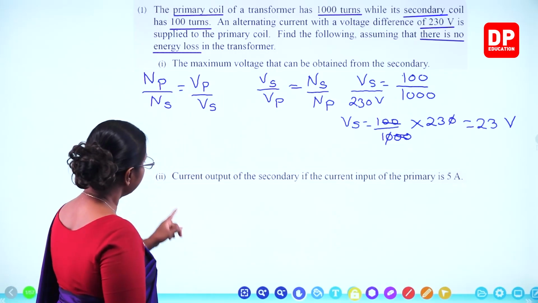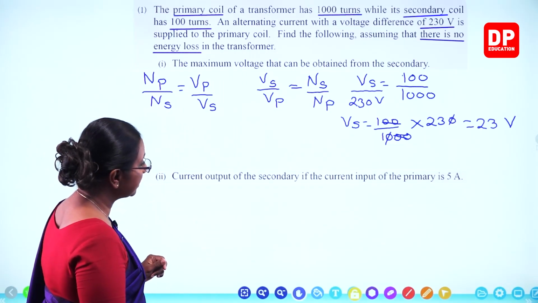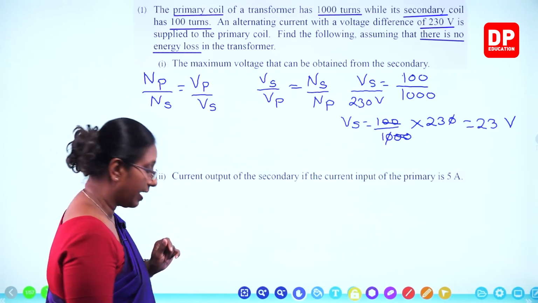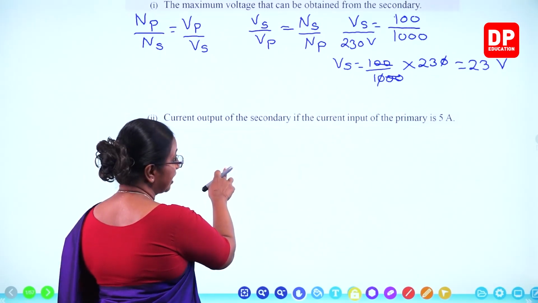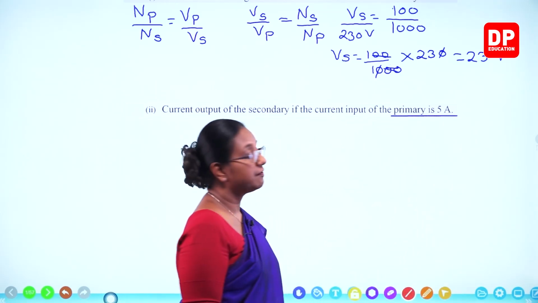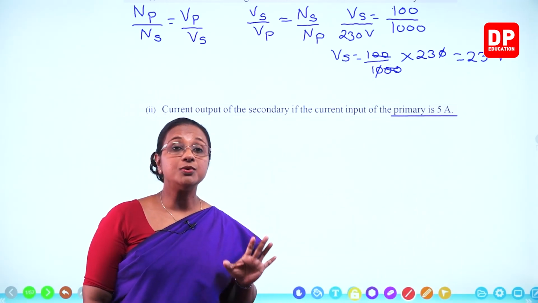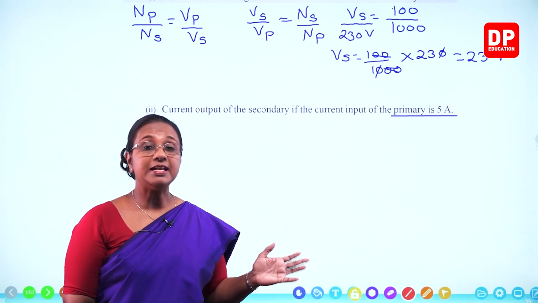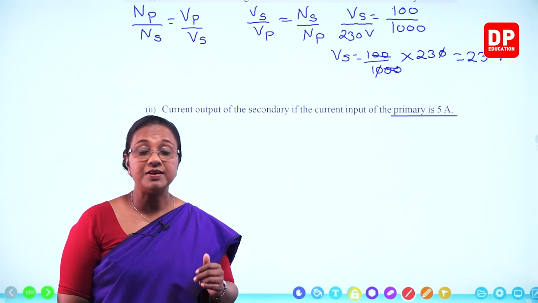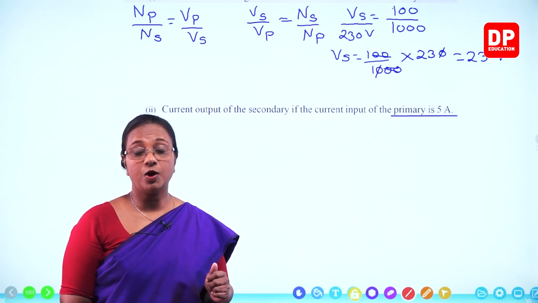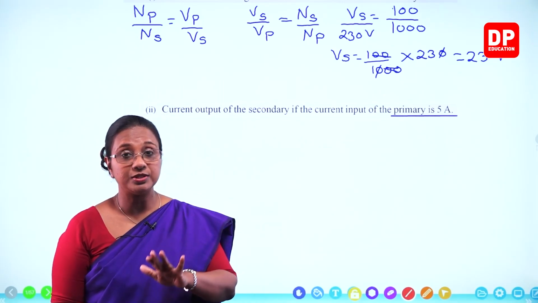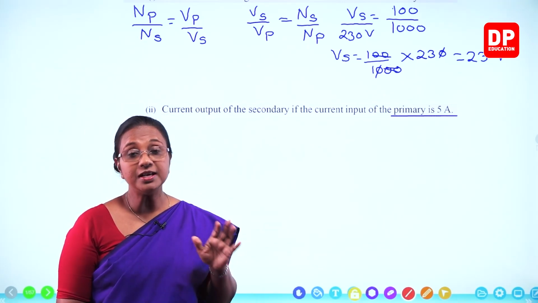Here you can see the current output of the secondary if the current input of the primary is 5 amperes. So they have given us the current input of the primary, that is 5 amperes. Now you all know, students, the power applied to the primary coil is equal to the power obtained from the secondary coil, or the energy supplied to the primary coil is equal to the energy obtained from the secondary.